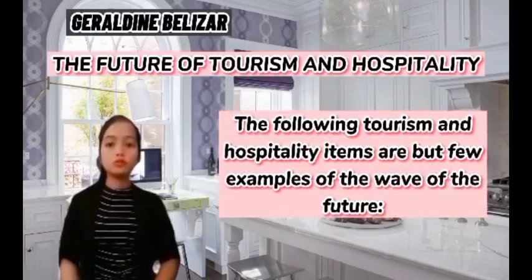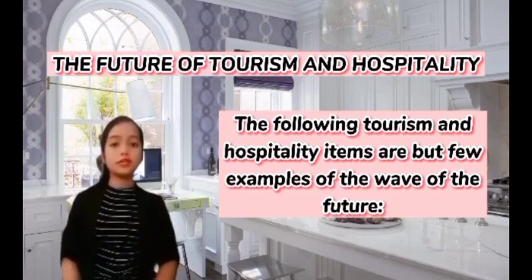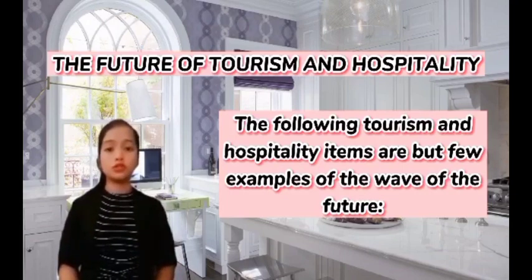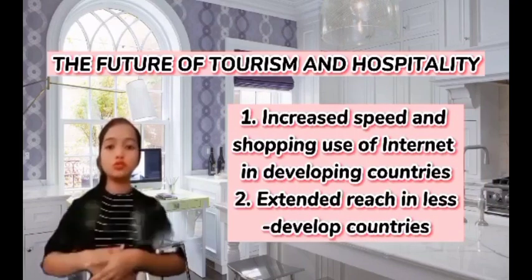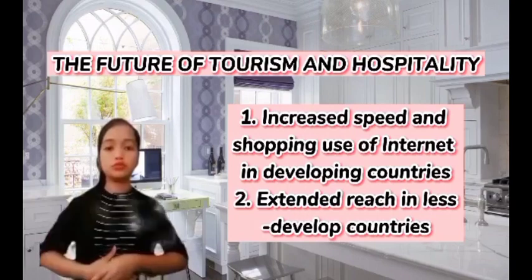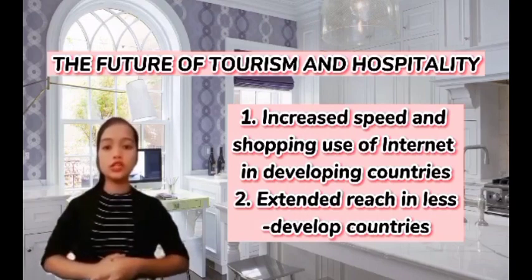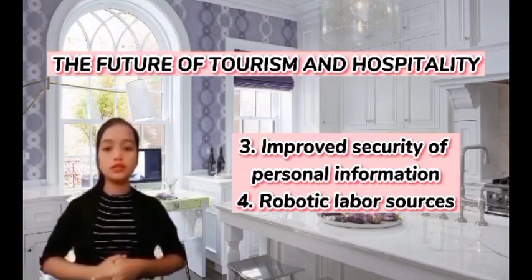The future of tourism and hospitality. The following tourism and hospitality items are but a few examples of the wave of the future. 1. Increased speed and shopping use of the internet in developed countries. 2. Extended reach in less developed countries. 3. Improved security of personal information. 4. Robotic level sources. 5.